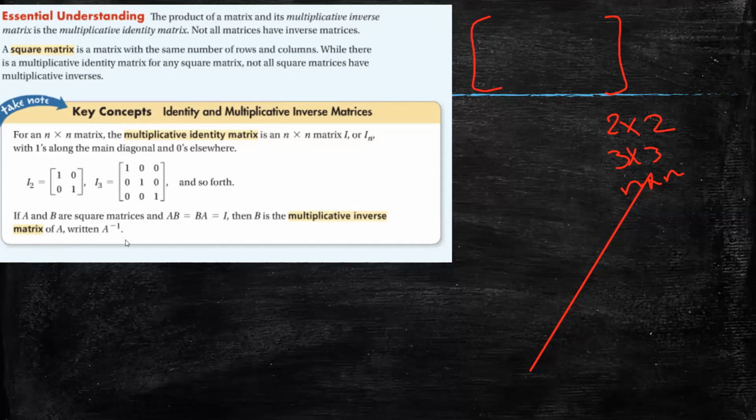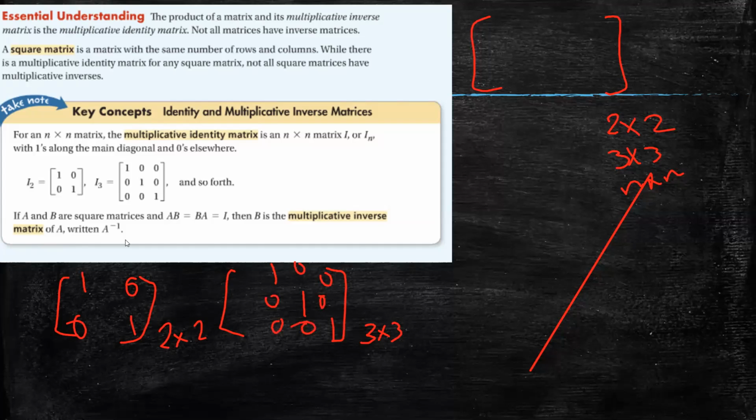So for an n by n matrix, the multiplicative identity matrix, as I told you, if I have 2 by 2, I put a 1 on the diagonal and the others 0. If I have a 3 by 3, I put 1 on the diagonals and the other elements will be 0.